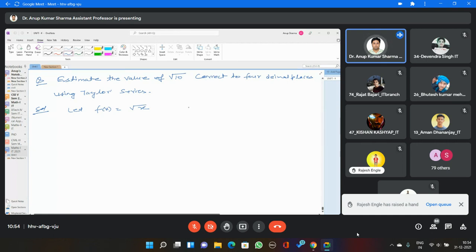About the origin or about something else, because we have to take the values of x something. Sir, about 10 we should take. About 10. About 10 means we take the value at the last point.